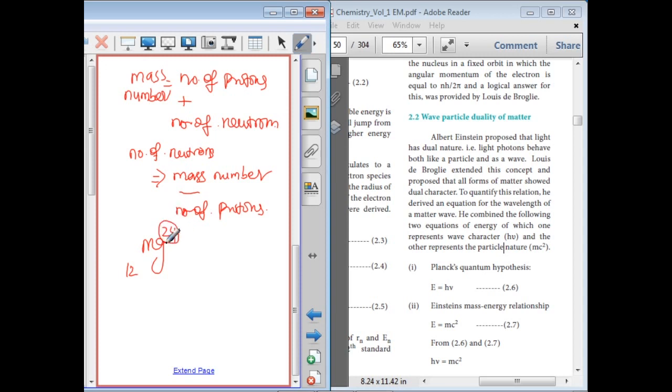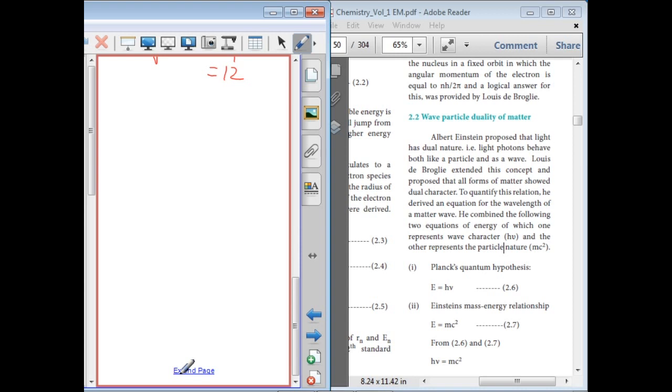This is the mass number of magnesium, 24, and the atomic number of magnesium is 12. Atomic number means the number of protons. So the number of neutrons equals mass number 24 minus atomic number 12. So the number of neutrons equals 12.